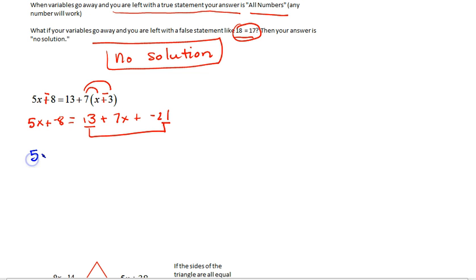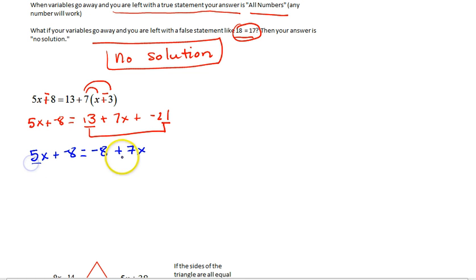So now I have 5x plus negative 8. I'm going to combine these like terms, which will give me negative 8 plus 7x. And that's because negative 21 and 13, one's a negative, one's a positive, I have to subtract, and my answer will be negative. So these two are equal to each other.